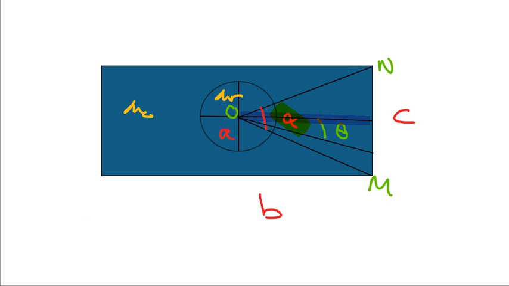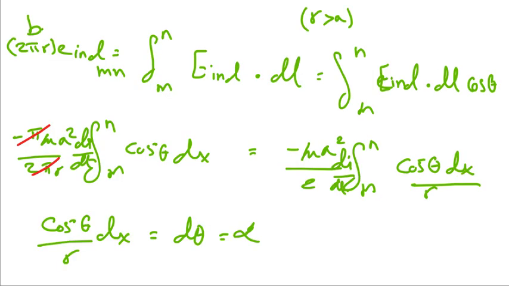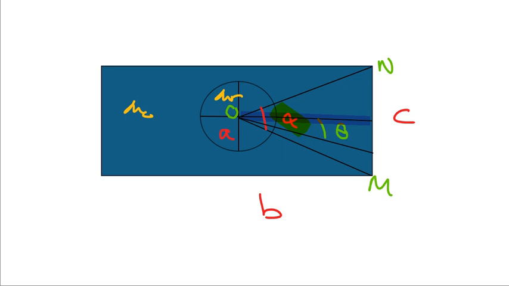But now we're going back to the integration. When you go to integration, you need to find the E induced, so the EMF will be E induced times the circumference of the loop, which is 2 pi r. In this case, r will be the radius from here to here.